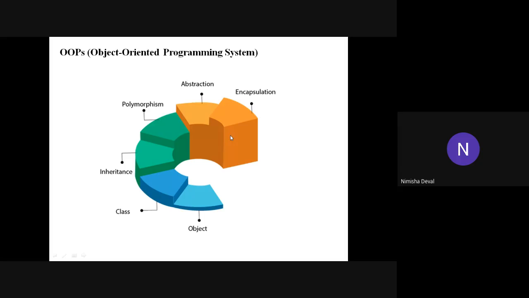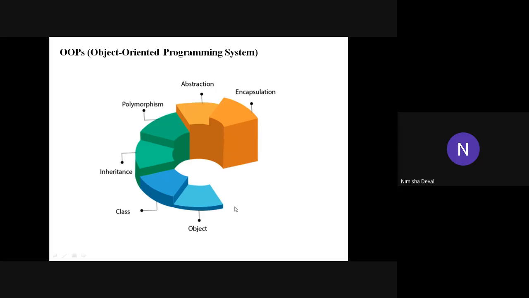Encapsulation is nothing but adding all these functionalities in one unit and providing one wrapper. That process is called encapsulation. So this is how the object oriented programming system works.